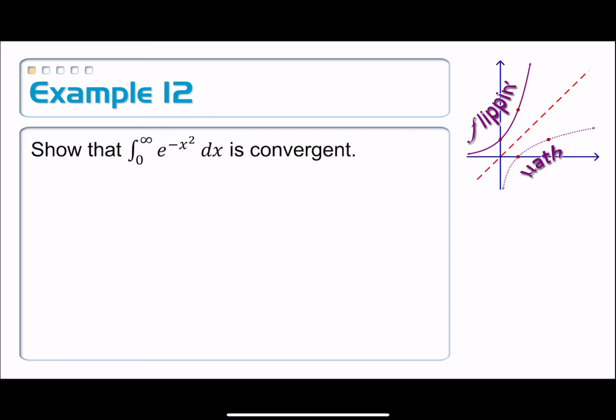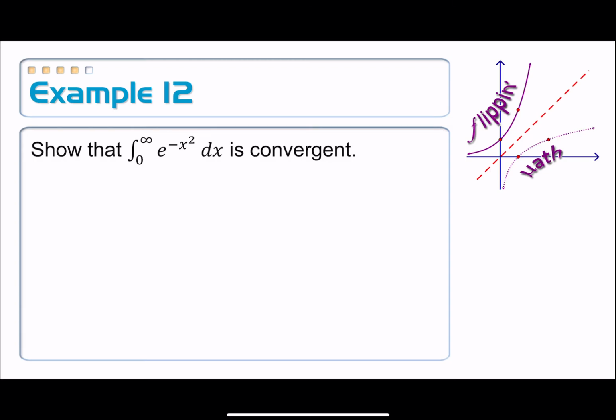Well, to show that it's convergent, I need to be able to either take its antiderivative and then use the rules that we've established for improper integrals. Problem is I can't do that with e to the negative x squared because it does not have an antiderivative that we know. When we do our series lesson, we'll be able to find an antiderivative, but it is infinitely long. So you can't find a nice, neat, closed form antiderivative of that.